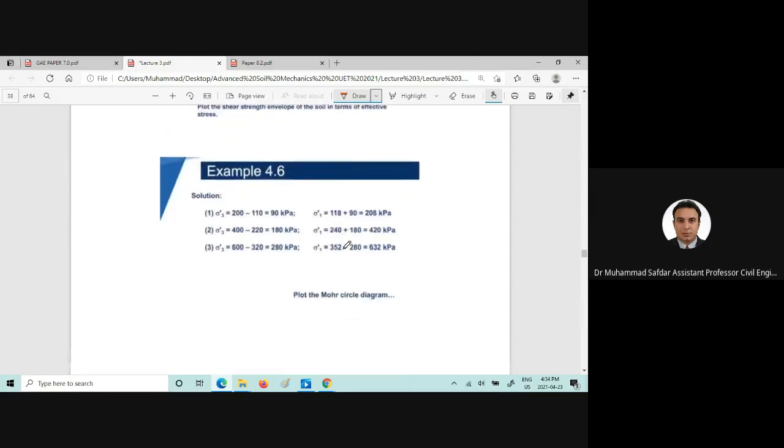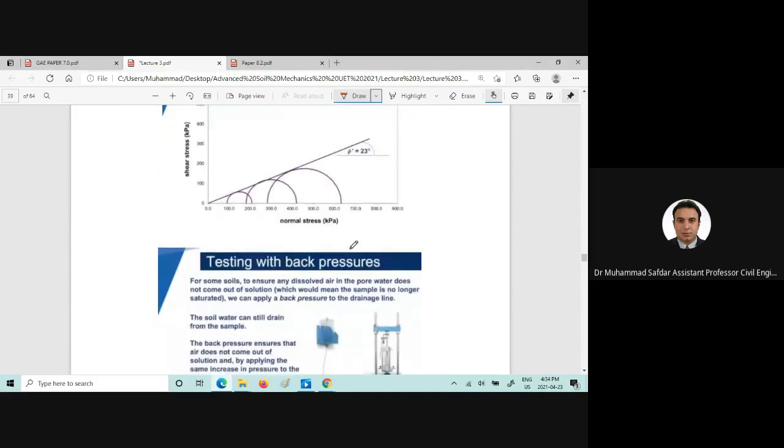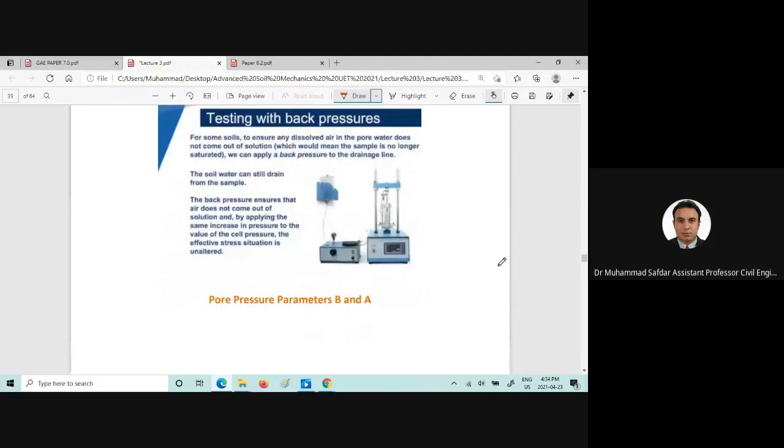Now, further simple examples are also given. You can read how you can find the shear strength parameters. Now, why do we apply back pressure? I need a short discussion here because you already solved the assignment on sample preparation.